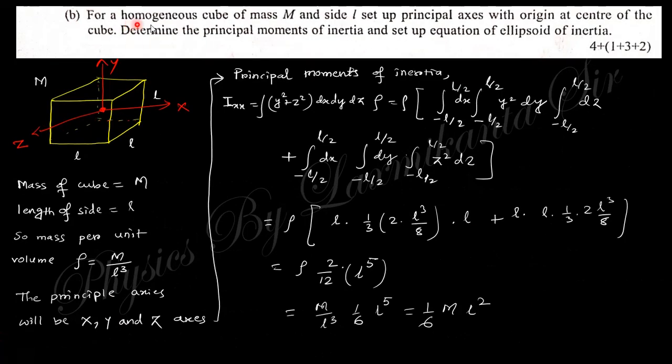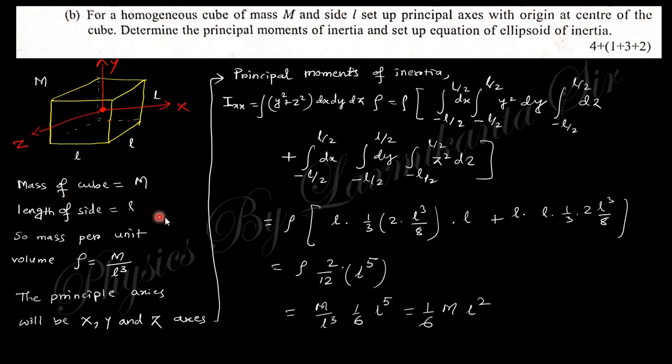Next part says: for a homogeneous cube of mass m and side L, with principal axes and origin at the center of the cube, determine the principal moments of inertia and set up the equation of the ellipsoid of inertia.